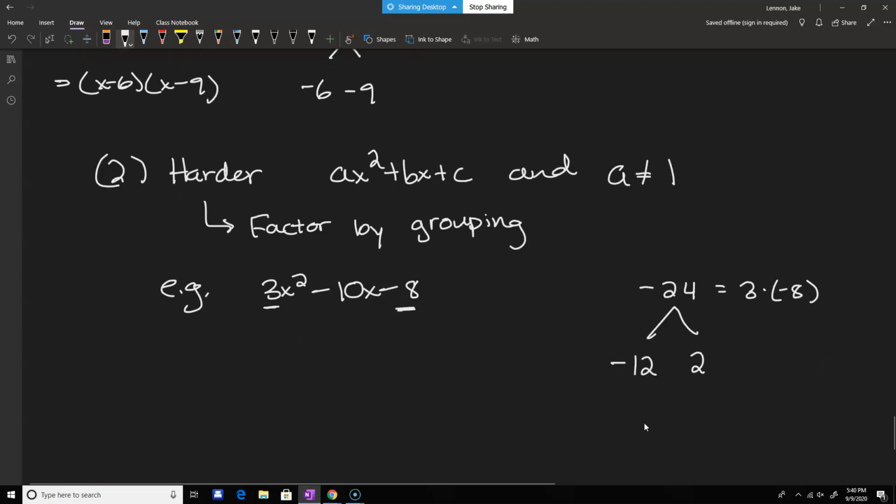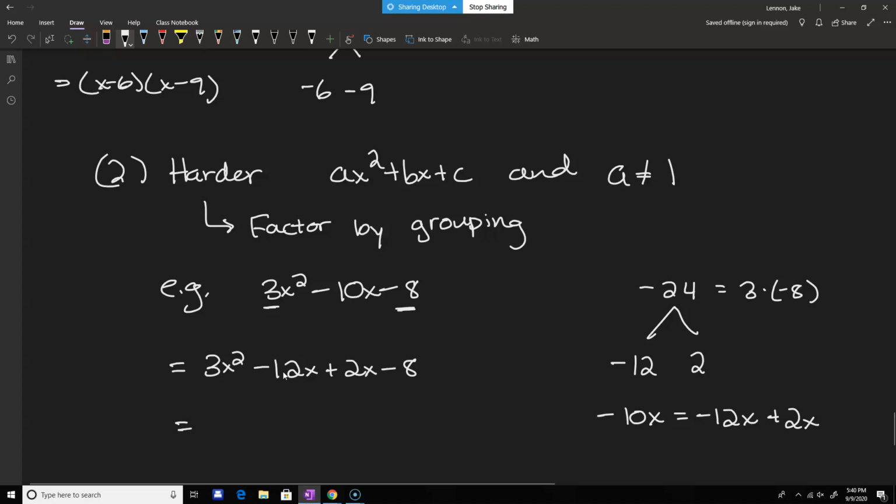We're going to replace the minus 10x with negative 12x plus 2x. We need 4 terms to make those two groups of 2 terms, if you remember from example number 12 or 13. So we rewrite this as 3x squared minus 12x plus 2x minus 8.